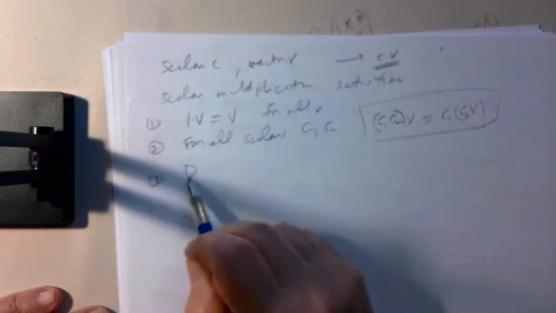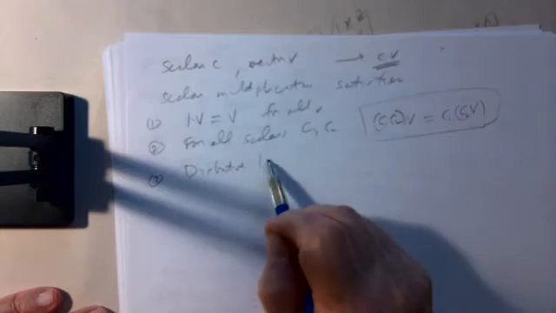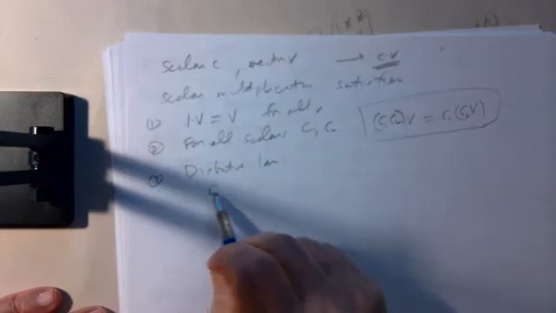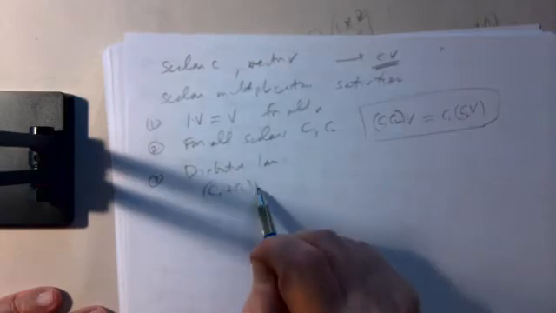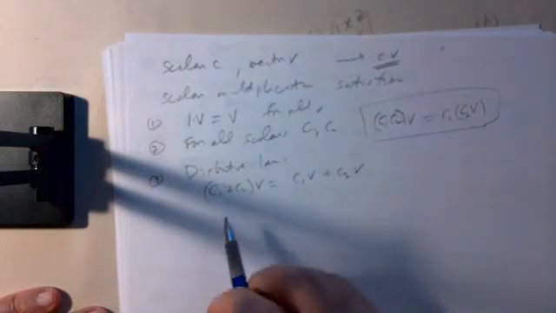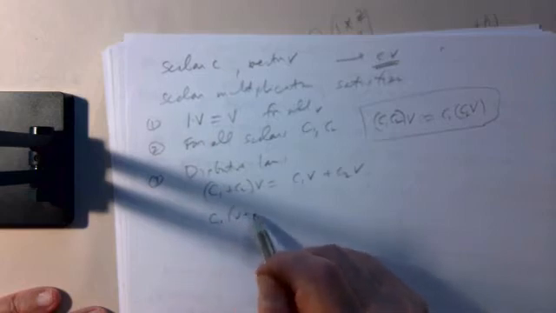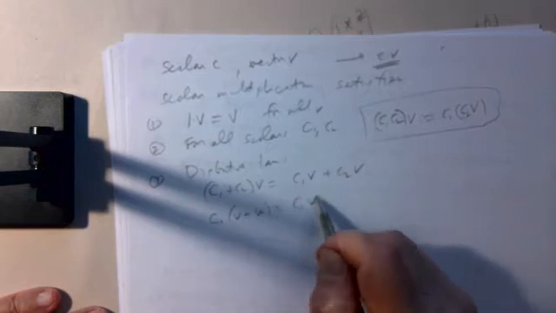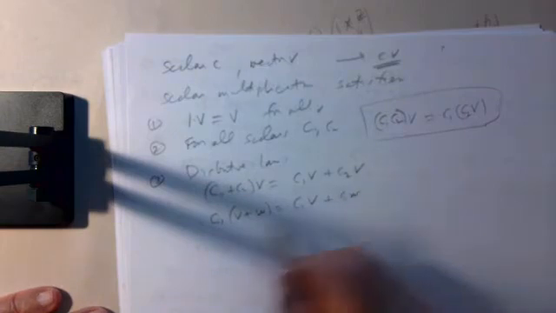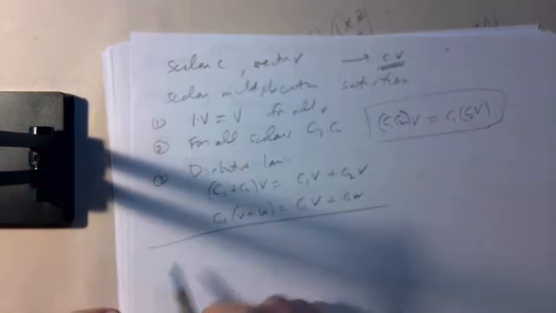And the third is the distributive laws. If you take c1 plus c2 times any vector, that's c1 times the vector plus c2 times the vector. And if you take c1 times the sum of two vectors, that's c1 times v plus c1 times w. So this is the definition of a vector space.